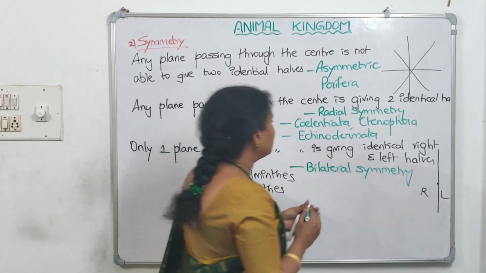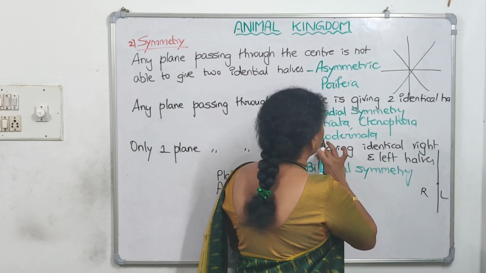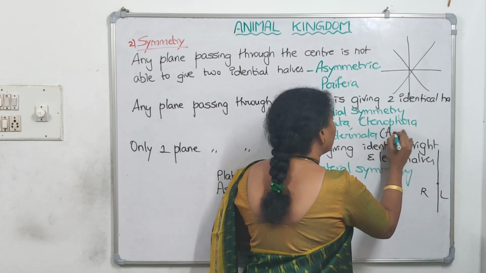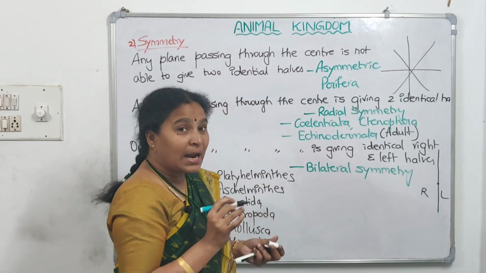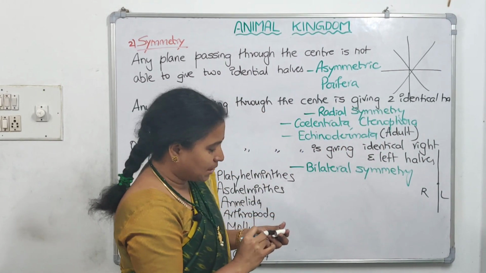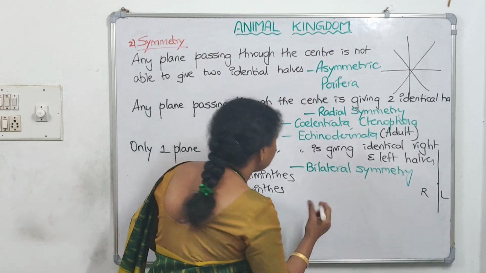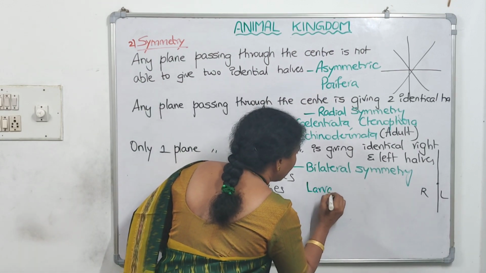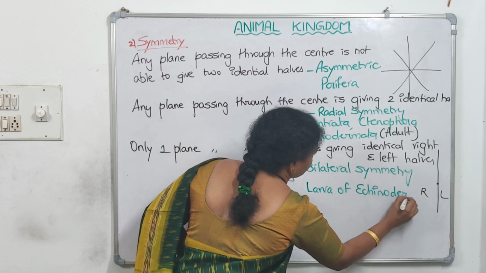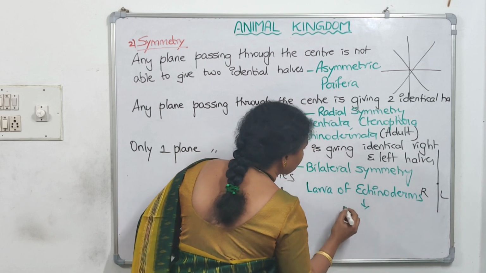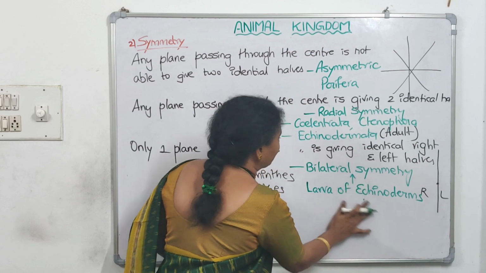So one point to be mentioned here: in Echinodermata, the adult possesses radial symmetry, whereas the larva possesses bilateral symmetry. Let me mention that. The larva of echinoderms shows which symmetry? It shows bilateral symmetry, right?